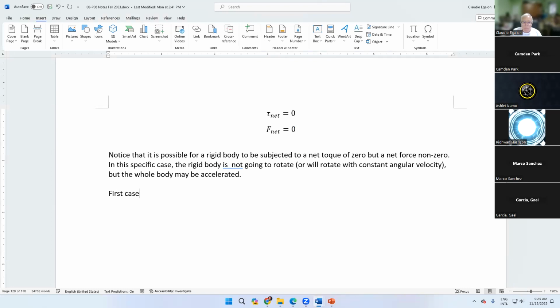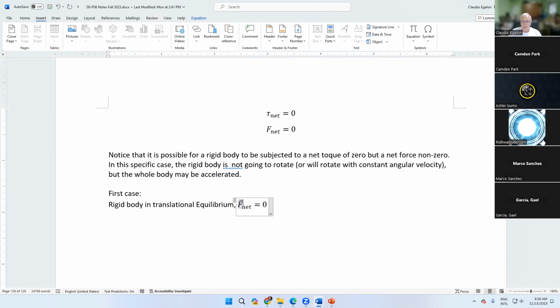First case, okay? One, rigid body in translational equilibrium. Translational equilibrium means net force is equal to 0. I'm gonna put the vector here too, using the right notation.